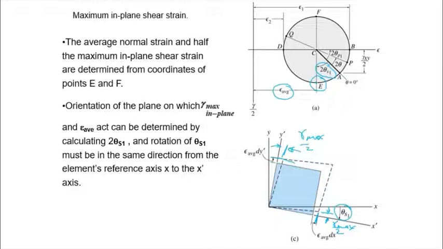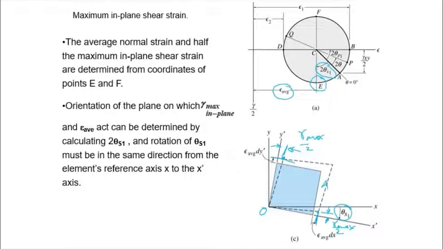Okay, so we just draw two lines from point O, the reference. So we just draw two lines which show that they are positive, gamma max over 2. Okay, when they intersect the first line for normal strain on both sides, then we draw parallel lines to the first one.